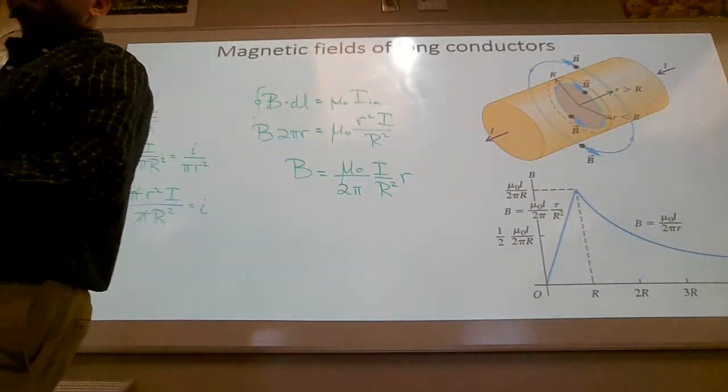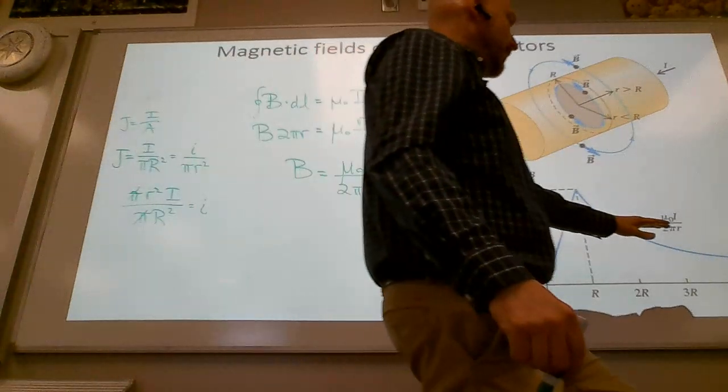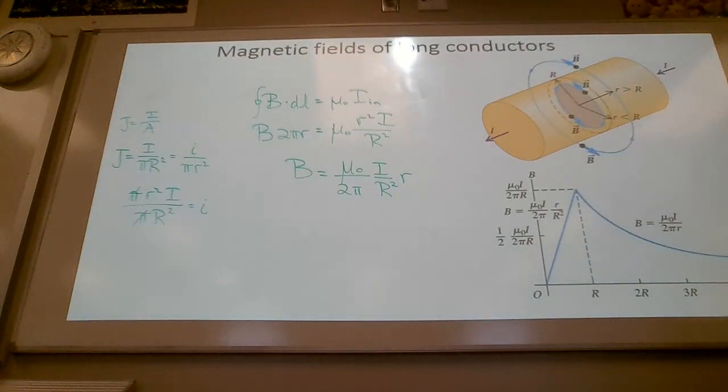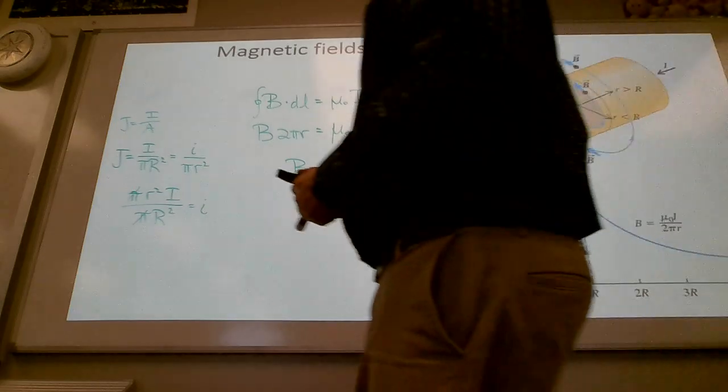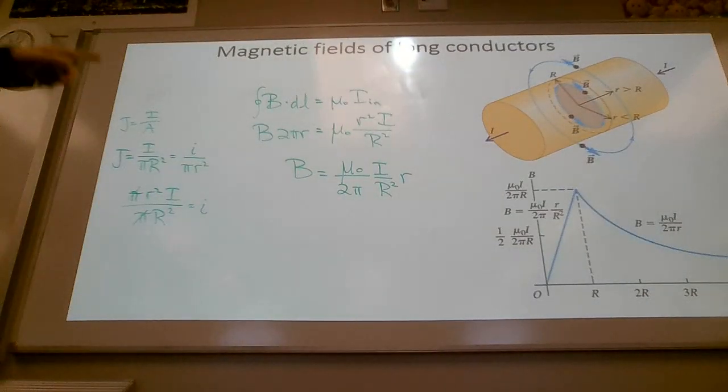And then out beyond that it behaves just like a single wire. Good with that? So that's a very typical free response problem.